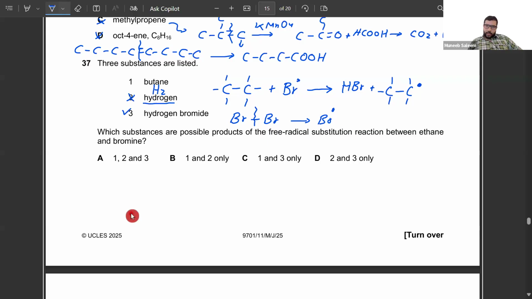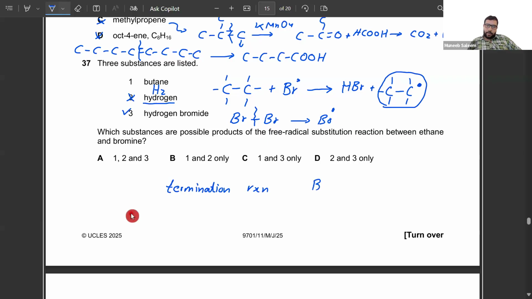So during the reaction, as we said, the ethyl radical is produced. So in the termination reaction, we have different combinations of radicals reacting with each other.